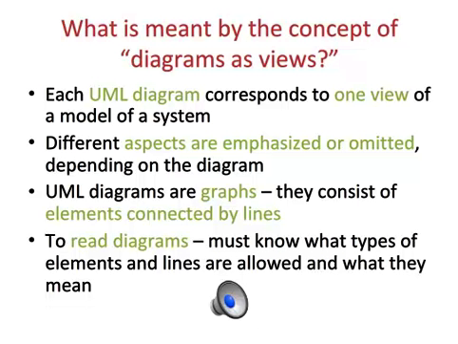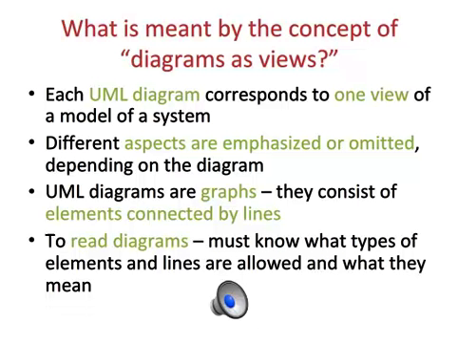What is meant by the concept of diagrams as views? Well, as you know, UML has a variety of diagrams, and each diagram corresponds to one view of a model of a system. So when we put all the diagrams together, we get a very full picture of the system. Different aspects are emphasized or omitted depending on the diagram that we're dealing with. Most UML diagrams are graphs.